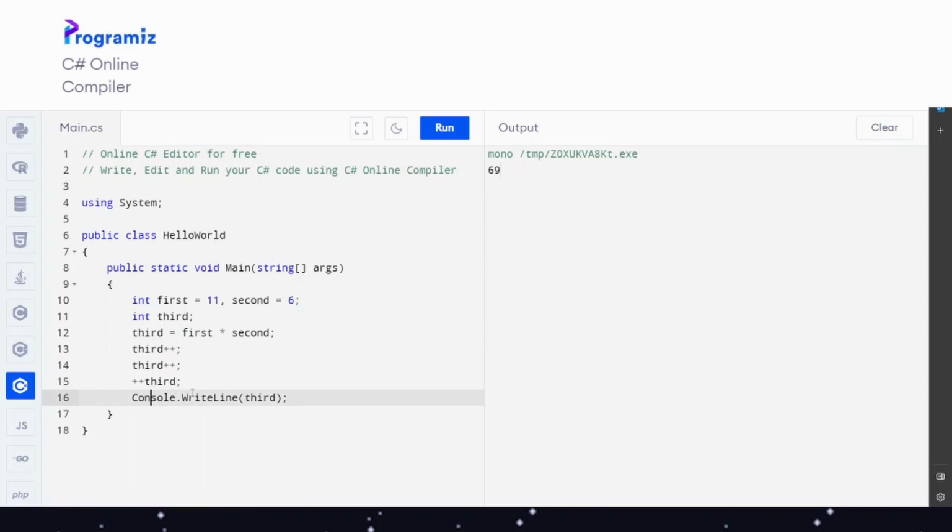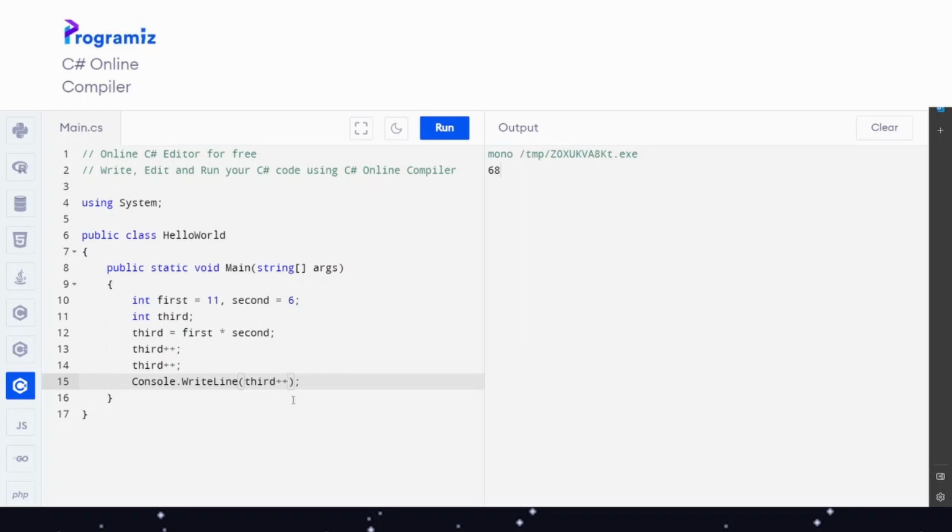If I say plus plus third, it is the same as third plus plus. However, if I delete this one and add the pluses behind the third, you will see it will be 68.